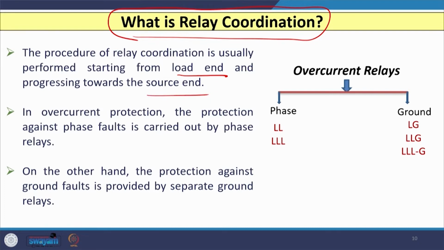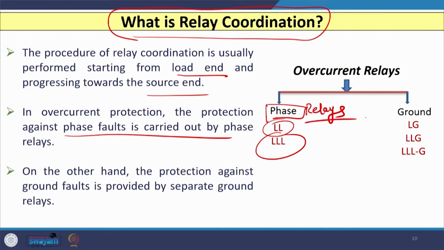If we consider overcurrent relays, then protection against phase faults, those that do not involve ground, like line to line and triple line faults, is obtained by phase relays. And protection against ground faults, which involve ground, like line to ground, double line to ground and triple line to ground, is achieved by ground relays separately.